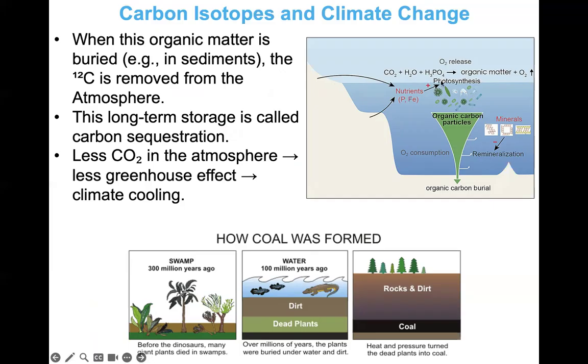They take C12 to make their food, their sugar. And when they die and get buried, the C12 is removed from the atmosphere. So C12 is removed from the air and incorporated into these phytoplankton.